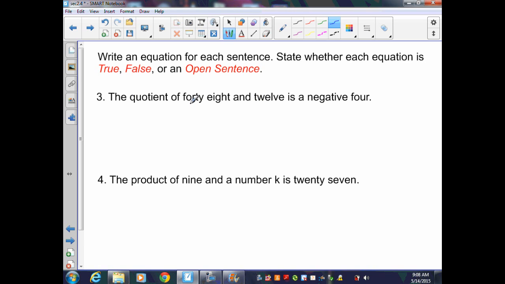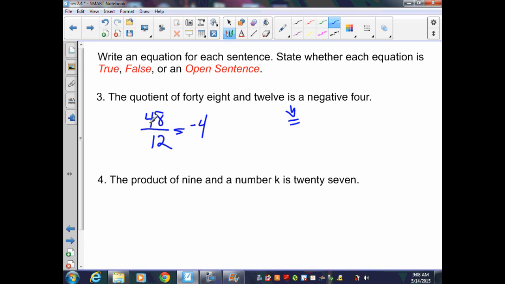So I'm going to have the quotient of 48, numerator, and 12, denominator. Is means that we will have an equal sign. Is means equals. Equals a negative 4.